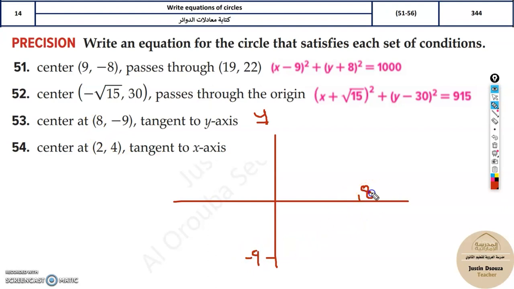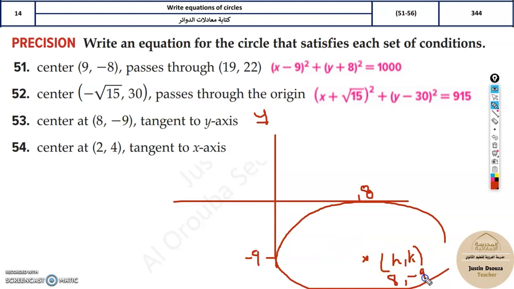This is a point. This is the center, h and k. Now the circle being tangent to the y-axis means it will touch only at one point. Something like this, but it touches the y-axis at one point. So whatever the center h comma k is, that is 8 comma minus 9, right?